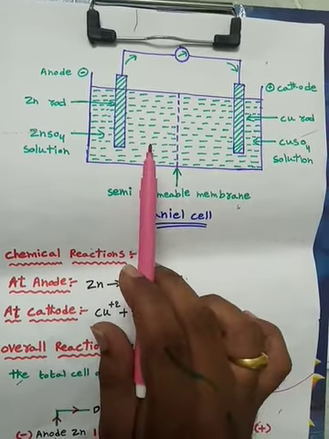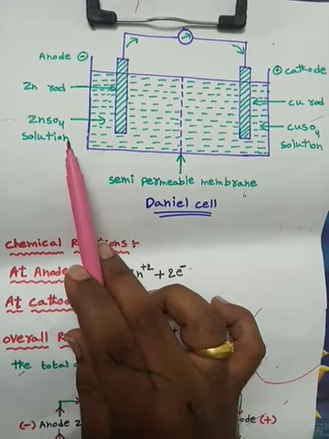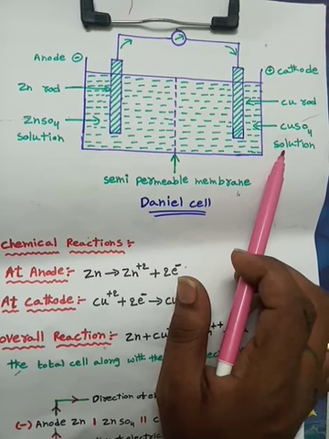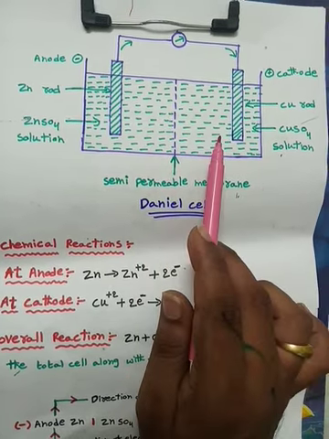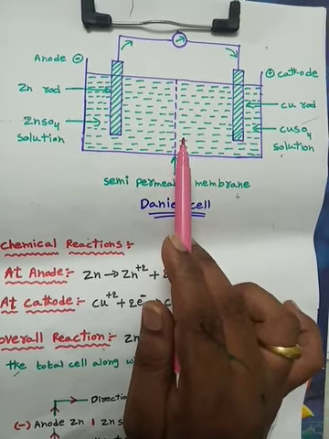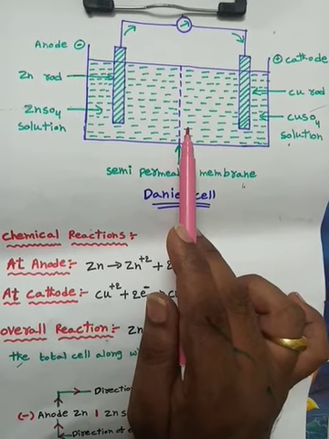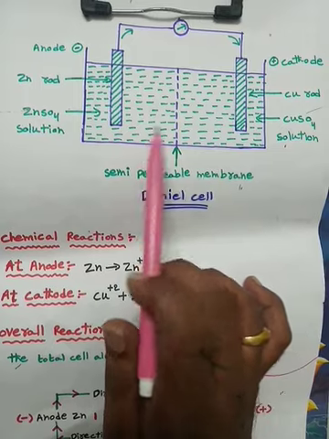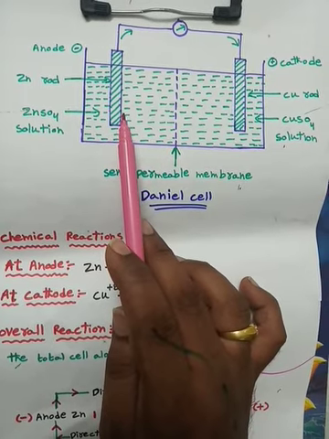The first chamber is filled with zinc sulfate solution, the second chamber is filled with copper sulfate solution. These two solutions are separated with the help of SPM or semi-permeable membrane, and inside the zinc sulfate solution there is a zinc rod.